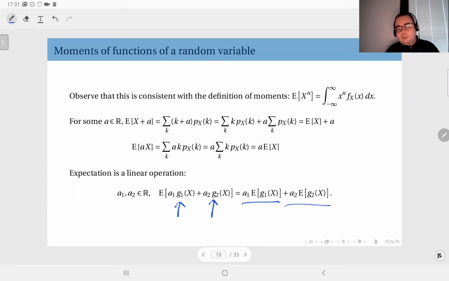This is the most general form that you can express the linearity of expectation, which is a demonstration of the superposition principle.